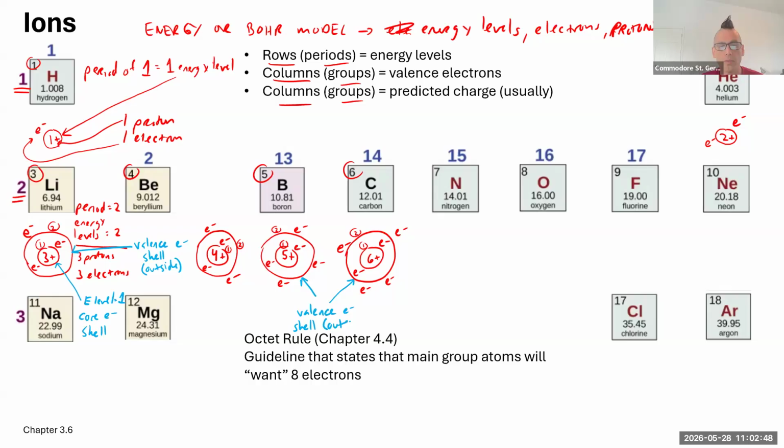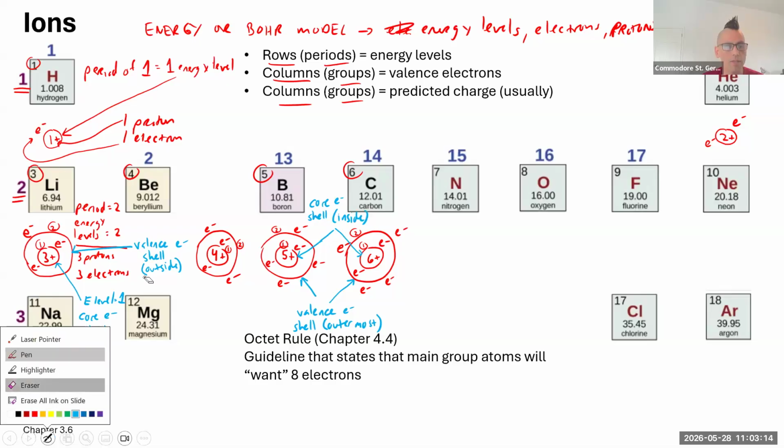This is the outermost shell. And these are the core because there's two of them, right? Core electron shell. So basically anything on the inside.